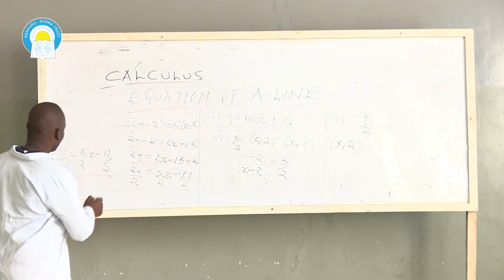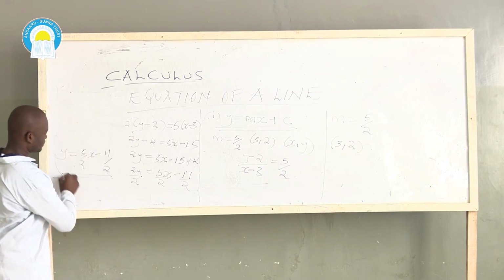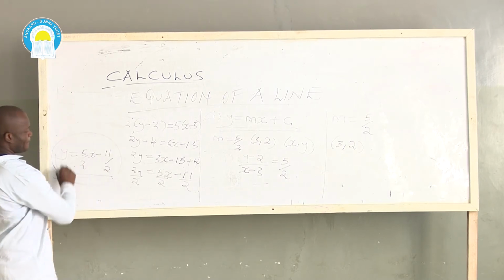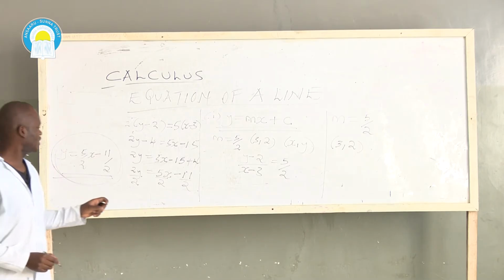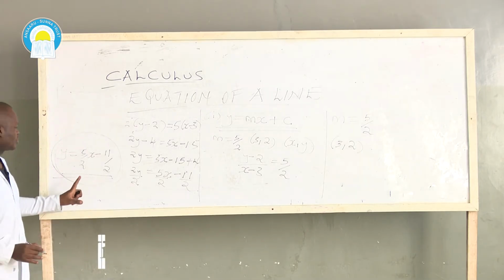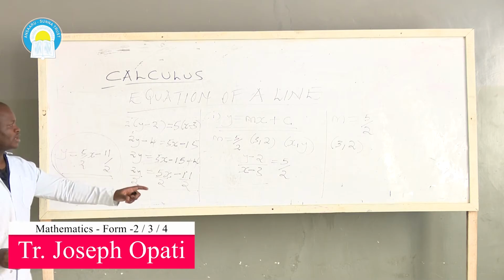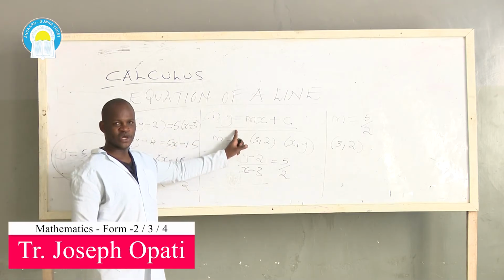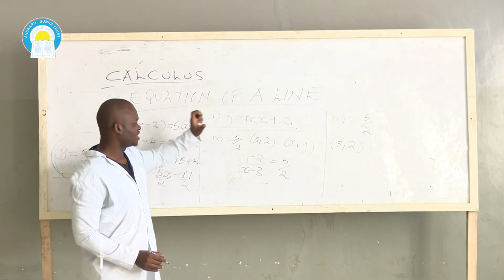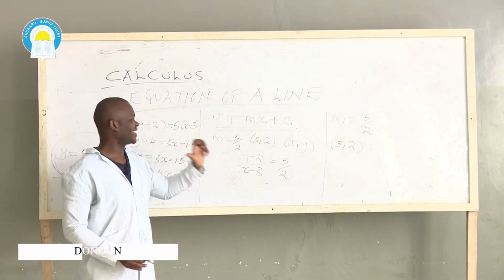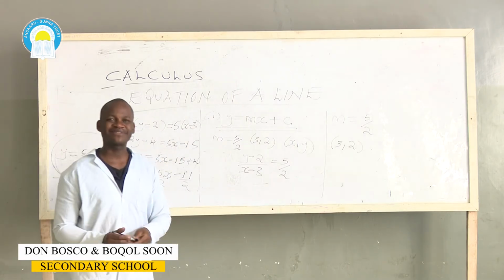Now we are going to take this equation and transform it, assuming that in a given question, other forms of the equation are required apart from the general form of y equals mx plus c.